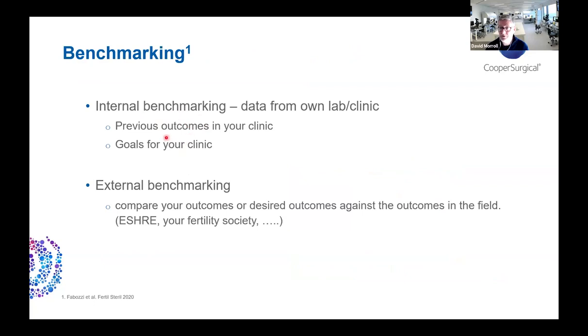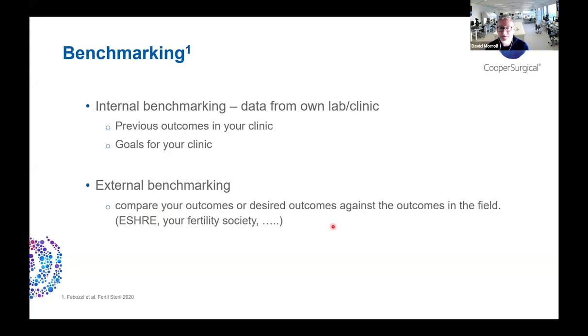So you can either do it on historical data and show that you're showing stepwise improvements, or you can set an internal goal and aspire to that and work towards getting to that level. Or you can use external benchmarking where you compare your outcomes against outcomes reported in the field, whether that's in published literature or, for example, in the consensus documents that we've already spoken about.